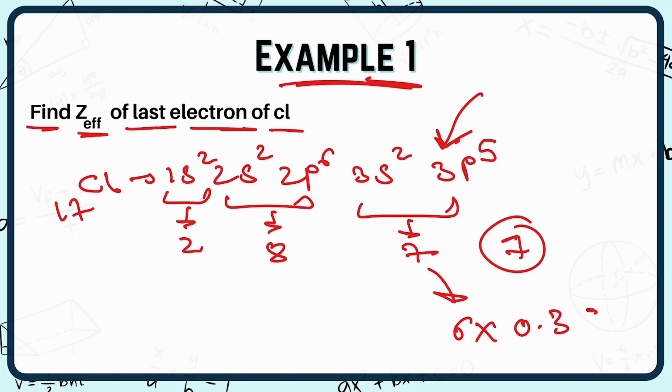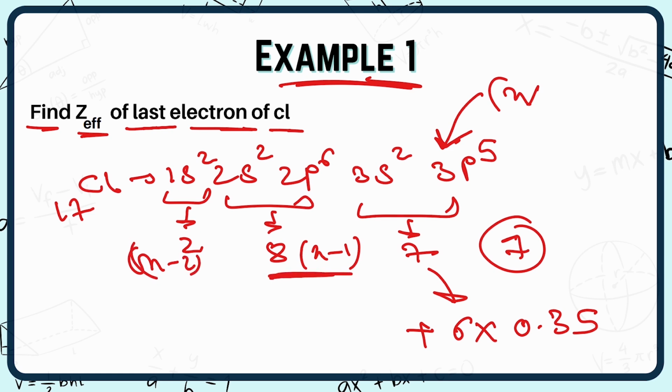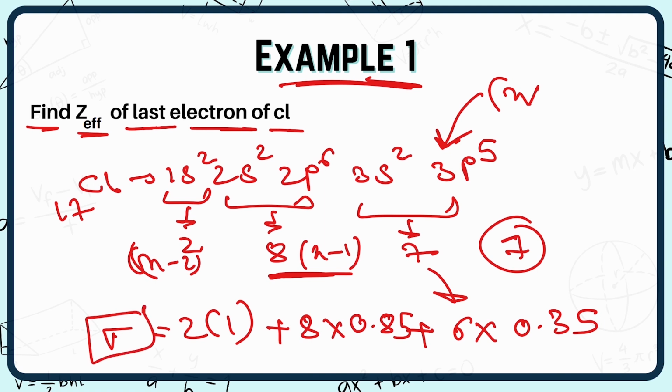So 6 into 0.35 will be the contribution to sigma by these 6 electrons, followed by 8 electrons. It is n-1. This is n. This is n-2. So contribution by these 8 will be what? 8 into 0.85 as stated before. And contribution by further electrons will be what? It will be whole 1. So 2 into 1. Calculate this, you will get the value of sigma.